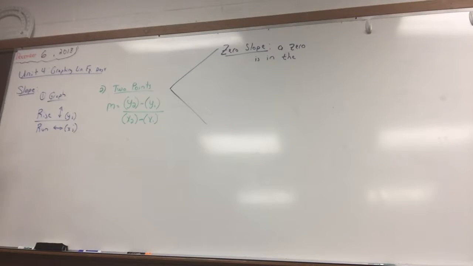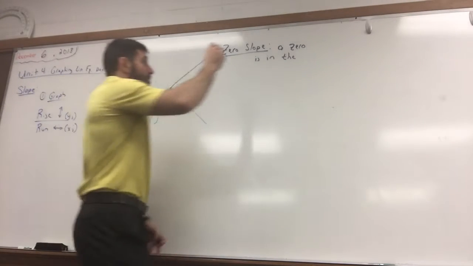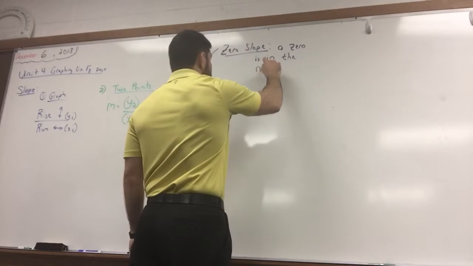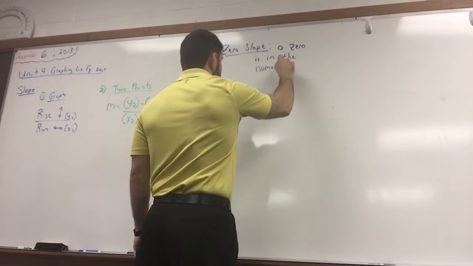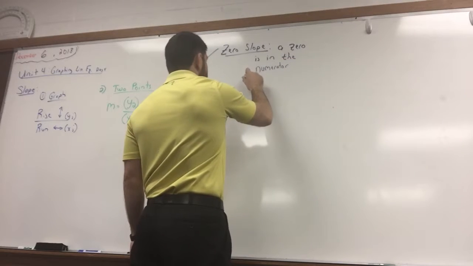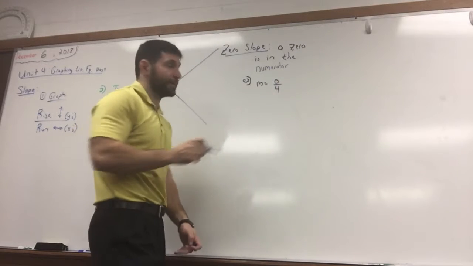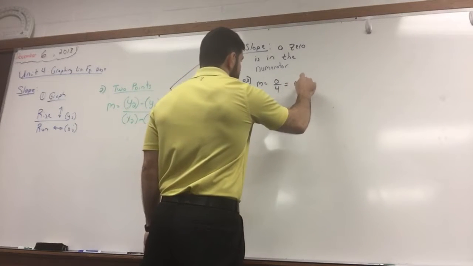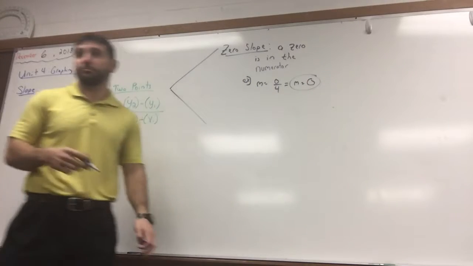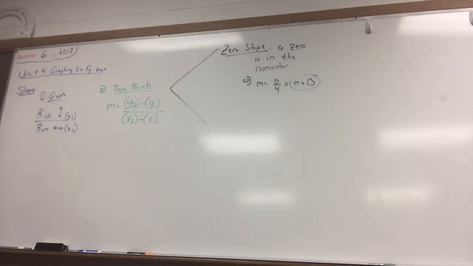We've talked about this before when we did rise over run. Where does the 0 have to be for it to be a 0 slope? Very good, a 0 is in the numerator. So an example would be something like m equals 0 over 4. Don't leave it as 0 over 4. You're just going to say m equals 0. That's a 0 in the numerator.